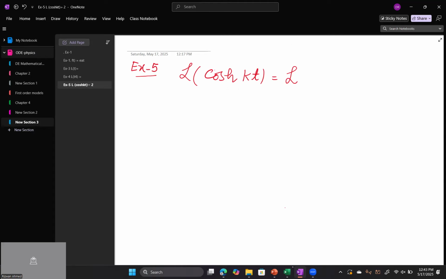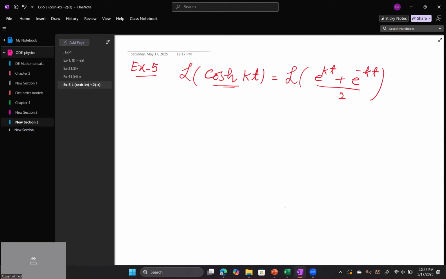Well, you can do it from the definition of the integral, but I use the exponential equivalent of cos hyperbolic kt. So it is e raised to the power kt plus e raised to the power minus kt, divided by 2.